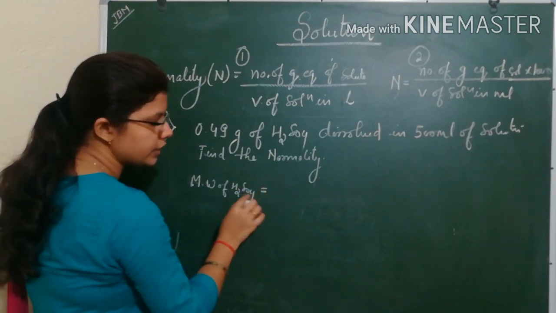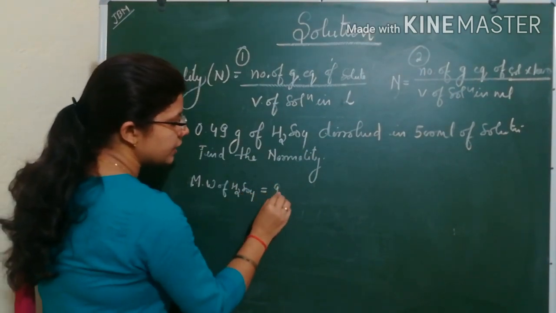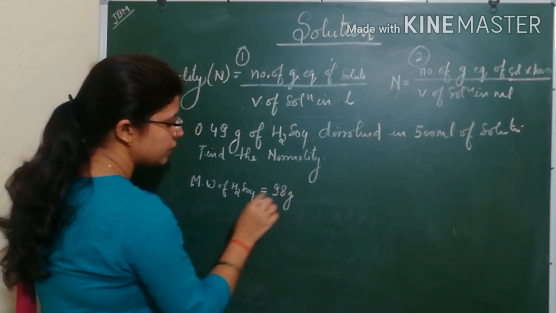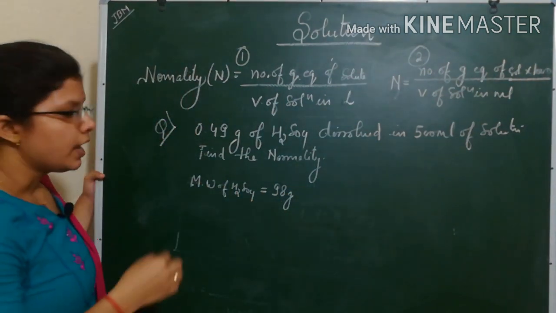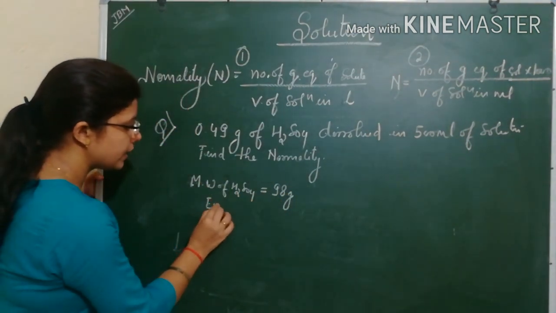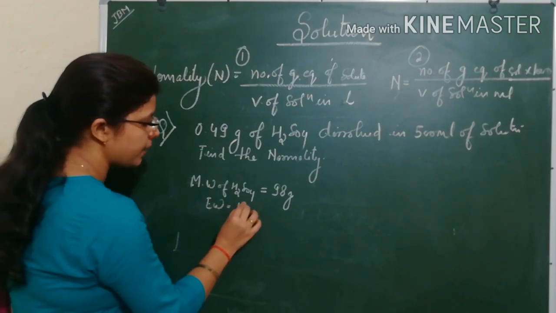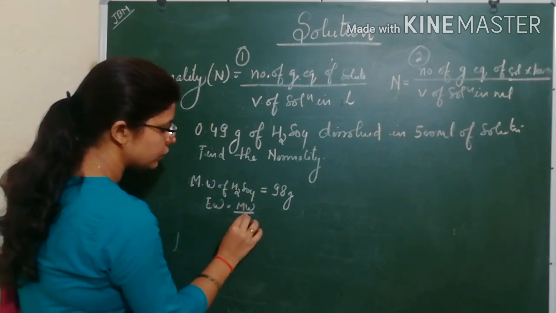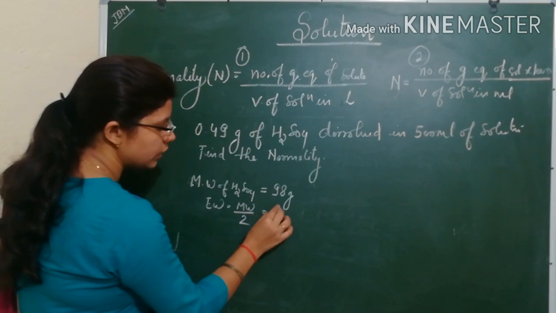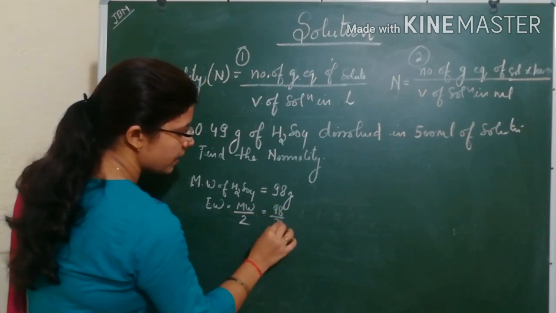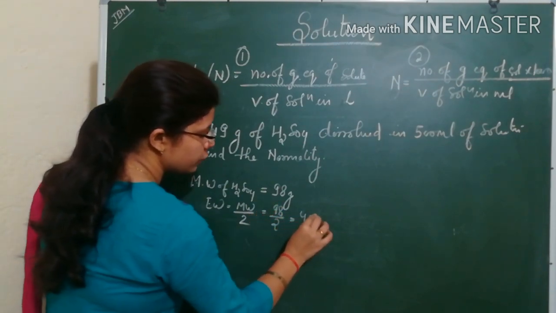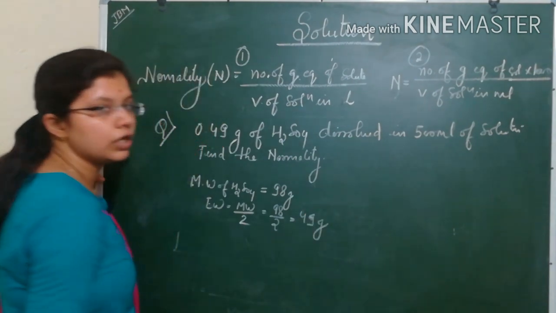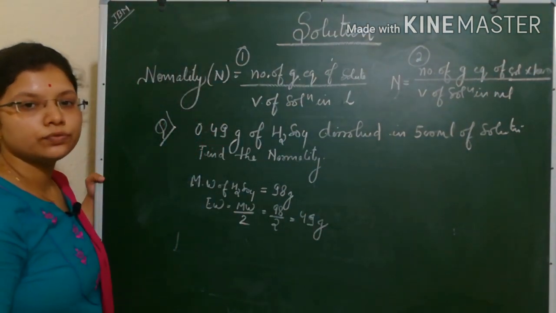And then you will calculate the equivalent weight by dividing the molecular weight by the X factor. Molecular weight is 98, so divided by 2, so you will get the 49 gram is the equivalent weight of H2SO4.